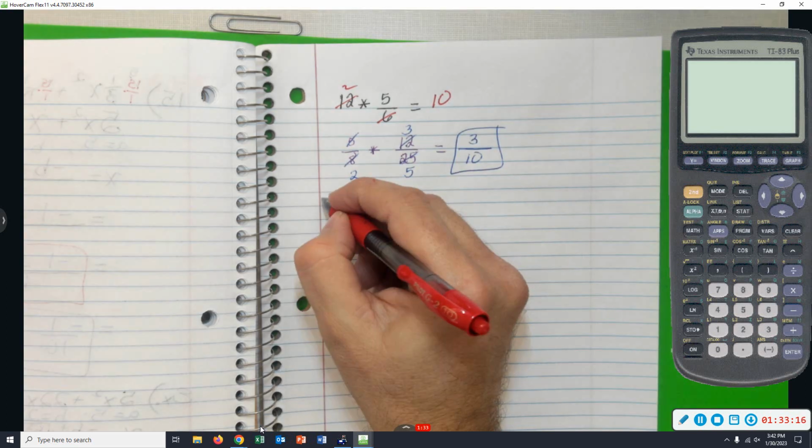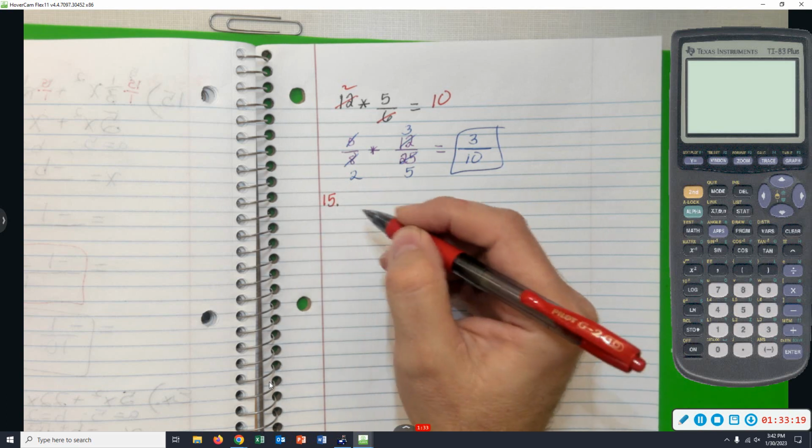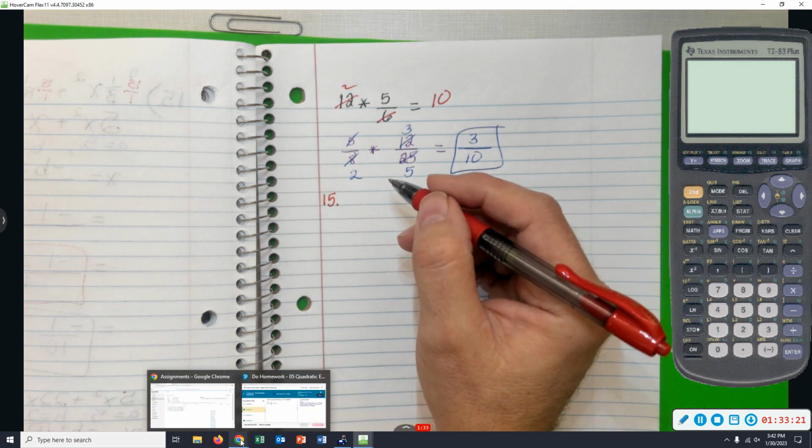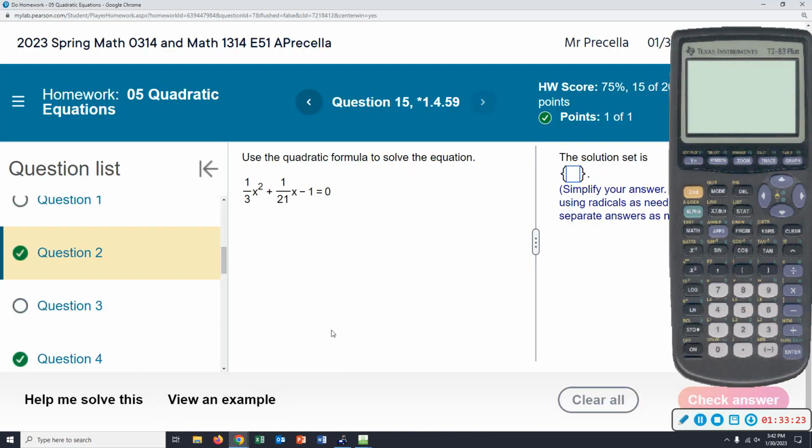On problem number 15, what was it? 1/3 x squared plus 1 over 21 x minus 1. It's not changing much.